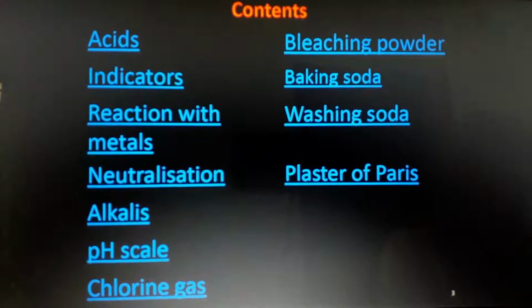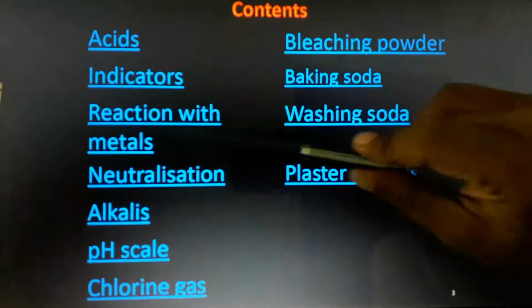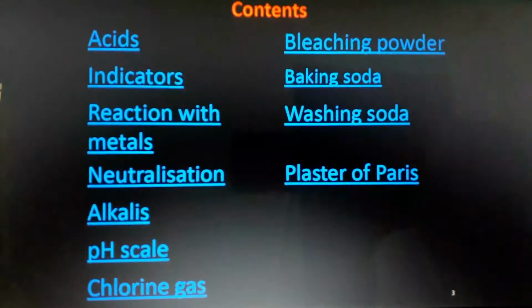The next topic is indicators, and what the use of indicators is. Then the reaction of acids and bases with metals, and what byproducts we get. That is important, a 2 mark question. Then the neutralization reaction.